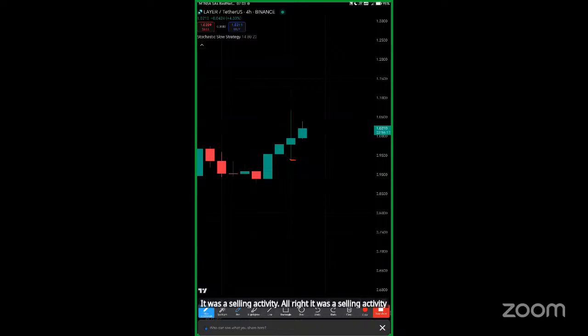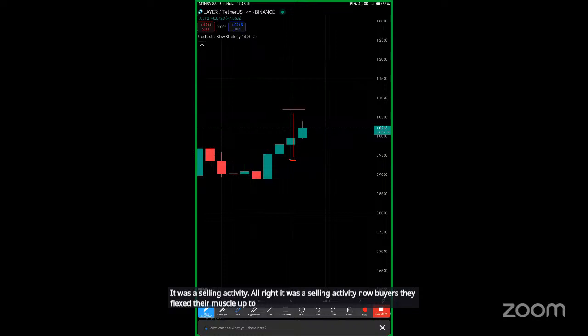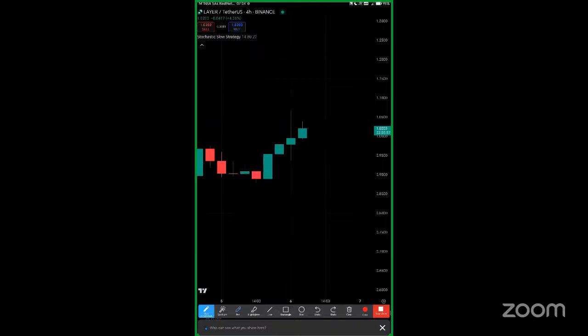Now buyers, they flexed their muscle up to this level. When they flexed their muscle up to this level, sellers came again and said, we are not dead, we are still here. Sellers told the buyers, even though you took the ball from us, we are not gone.